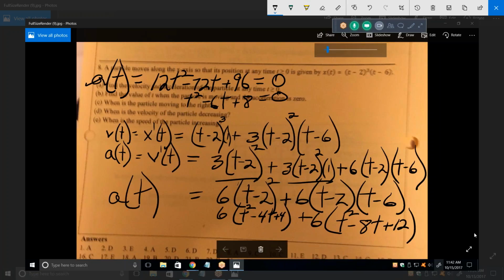And that means that we have (t minus 4)(t minus 2) equals 0. The two times where acceleration is 0 are at time 2 seconds and at time 4 seconds.